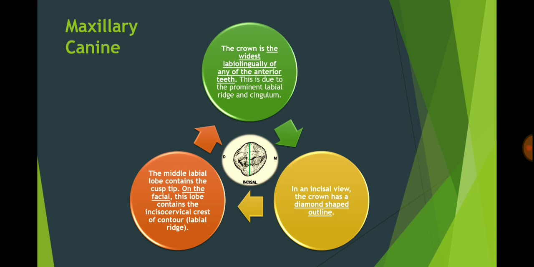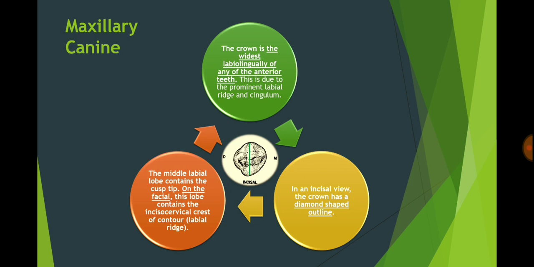The widest anterior tooth in the mesiodistal is the maxillary central incisor, and the widest anterior tooth labiolingually is the maxillary canine, and this is due to the prominent labial ridge and the cingulum. And in the incisor view, the crown has a diamond-shaped outline.